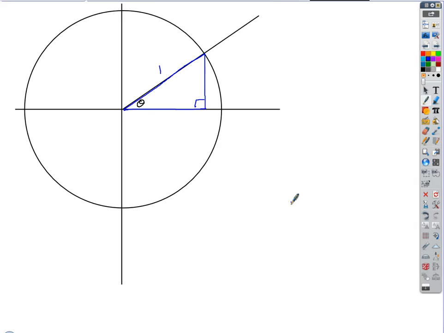Opposite over hypotenuse. Okay. So the sine of theta equals, let's temporarily call that h for height, h over 1. So what's h equal to? Sine theta, right?